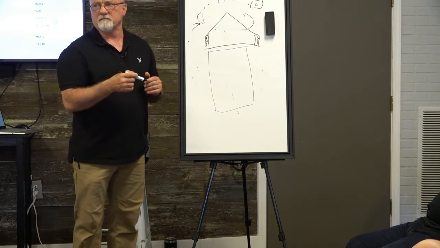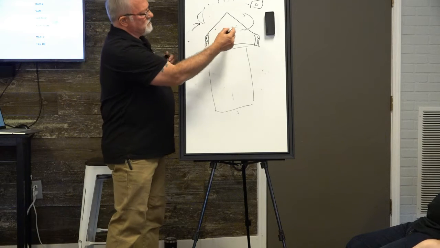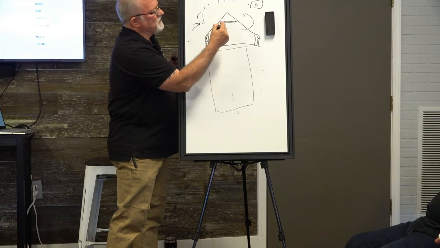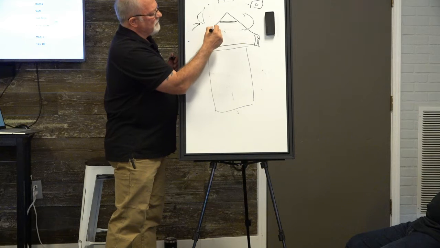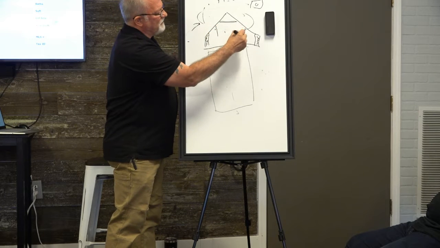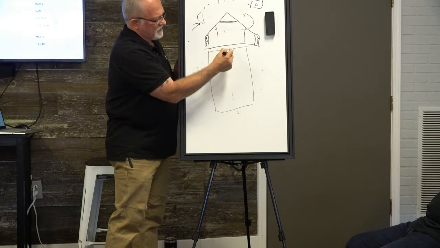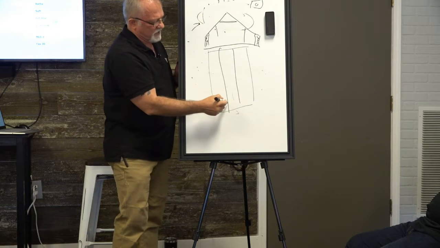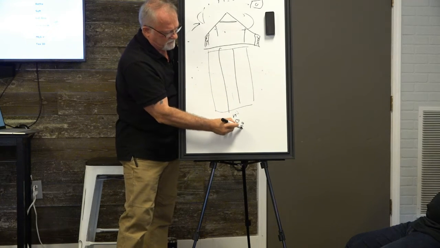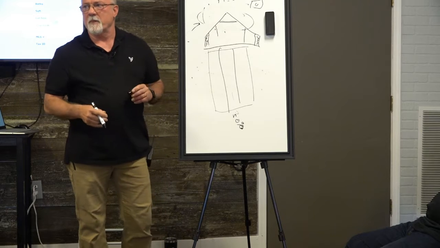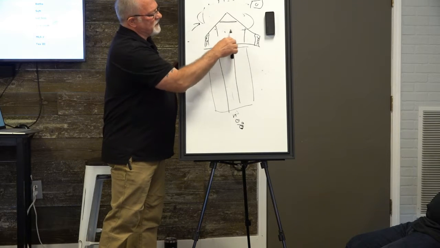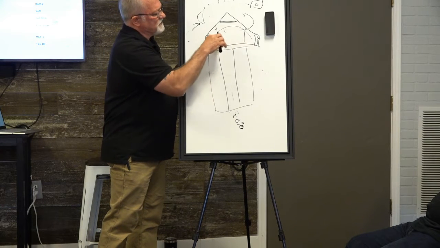But 50% of the top still counts. So if this is 7 foot here, and from here to here is 5 foot, and in between is over 50%, then you can count this space here all as usable space.